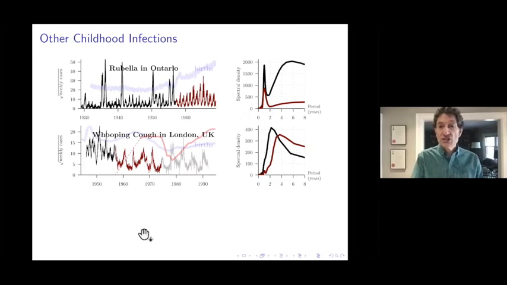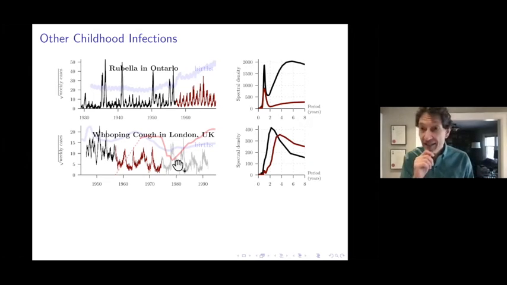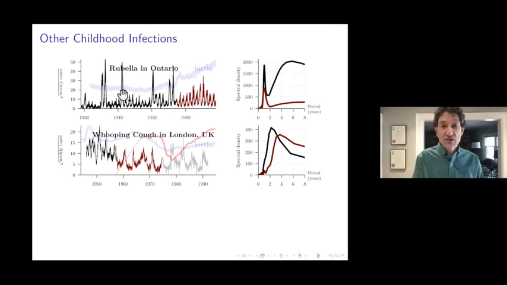So what is going on? Just to show you how bad this is, here's an example of rubella. I'm standing in Ontario at the moment, actually. That's where I'm based. This is weekly cases in Ontario during a lot of the 20th century. And the dynamics are much more complicated than a simple annual cycle. There are periods of annual behavior, it seems, but then very large epidemics once in a while.